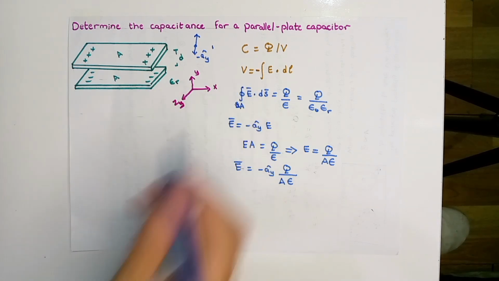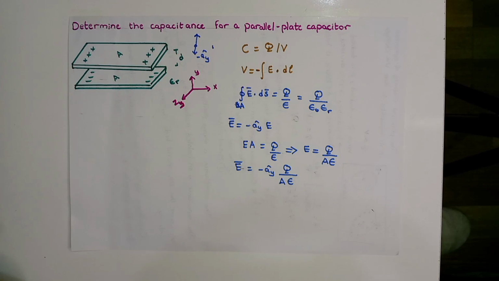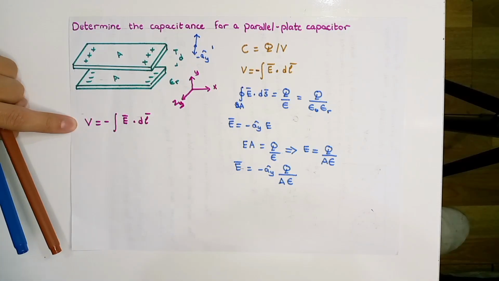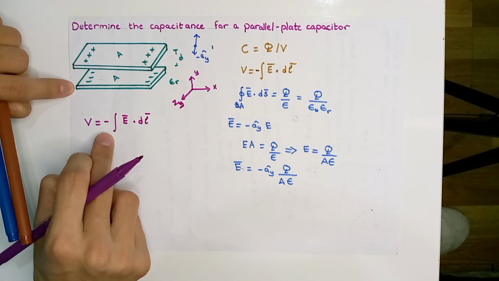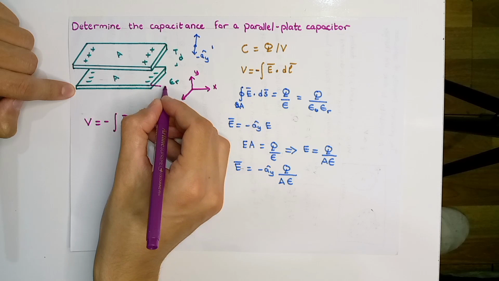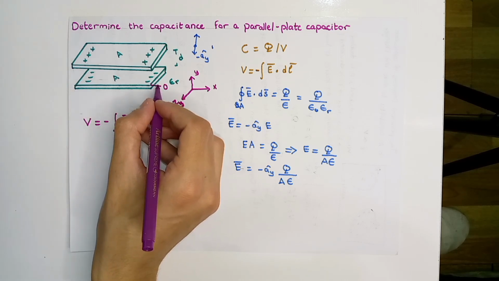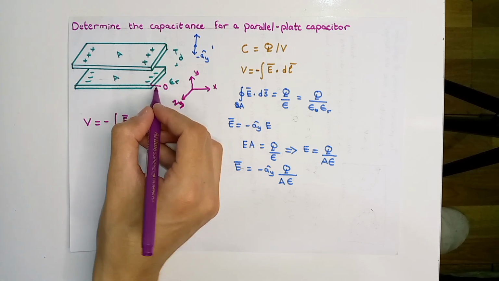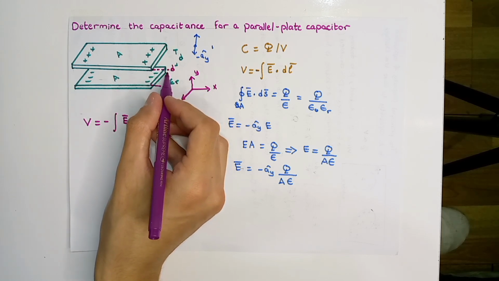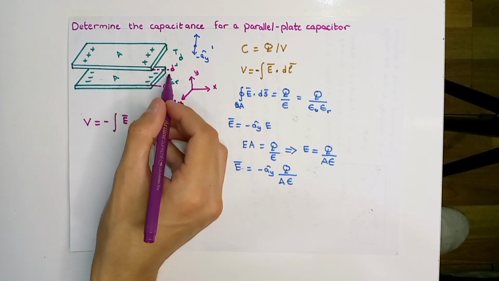Now let's find the electric potential using this equation. The bounds of this line integral are 0, which is the vertical location of the plate at the bottom, and d, which is the vertical location of the plate at the top.